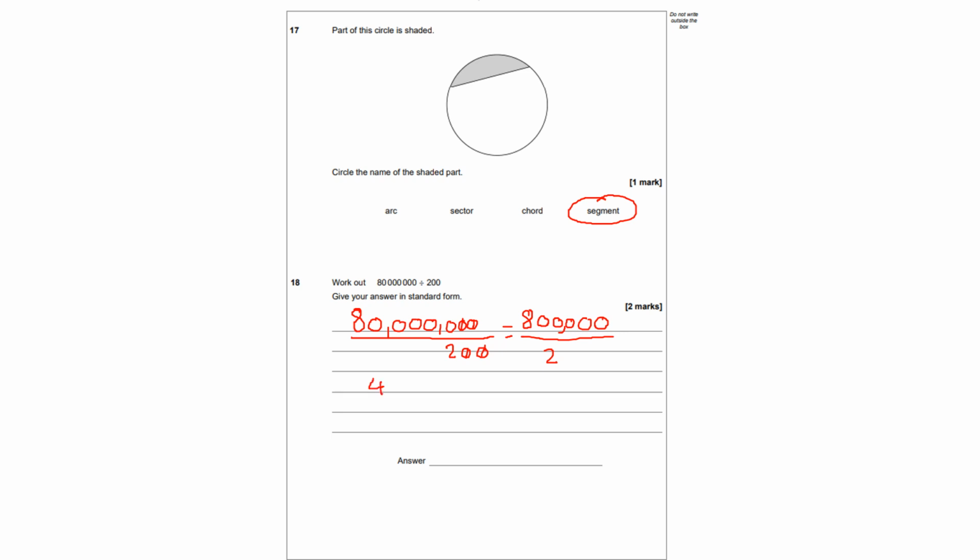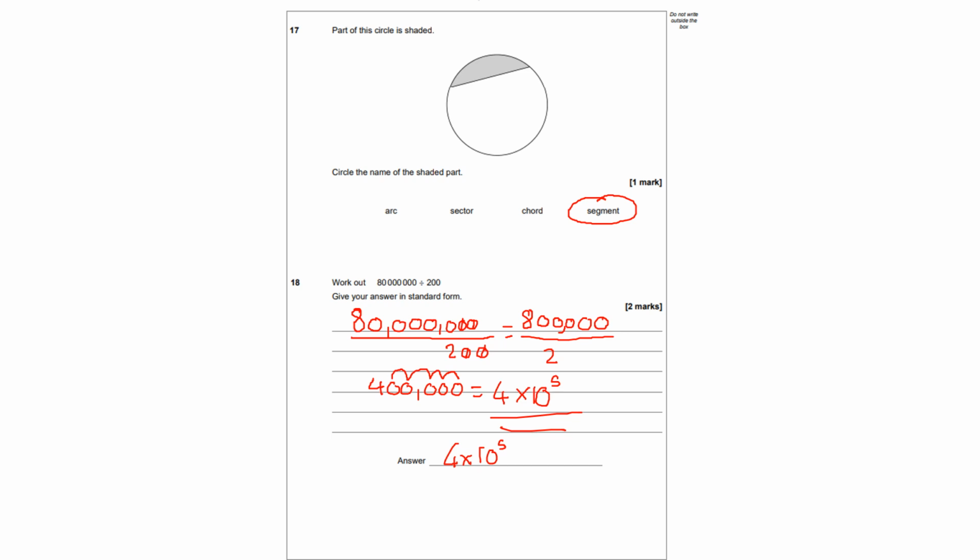So that's 400,000. And because there's 5 noughts, 1, 2, 3, 4, 5, that will equal 4 times 10 to the power of 5. And that is in the correct format. So 4 times 10 to the power of 5.